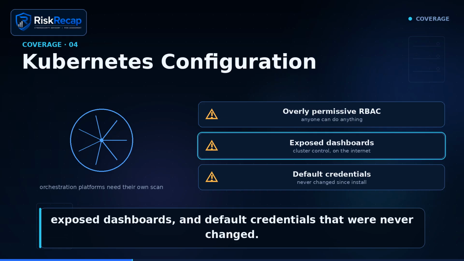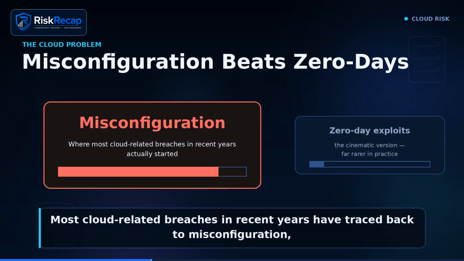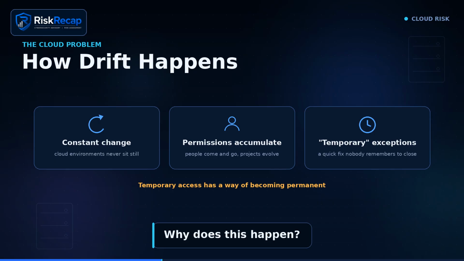Now let's talk about the cloud misconfiguration problem specifically, because this deserves its own focus. Most cloud-related breaches in recent years have traced back to misconfiguration, not some sophisticated zero-day exploit. Why does this happen? Cloud environments change constantly.